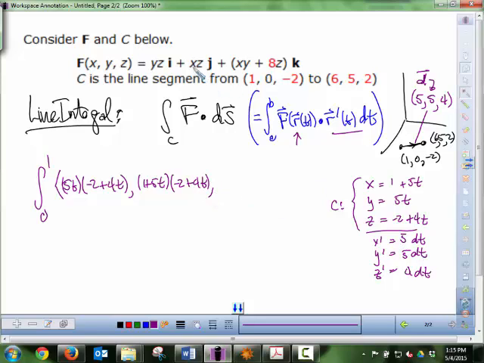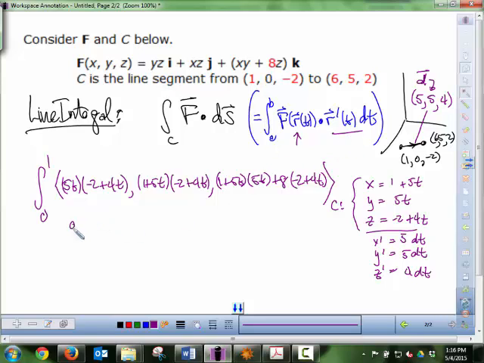And then the last component is xy plus 8z. So xy is 1 plus 5t, y is 5t, plus 8 times z, negative 2, plus 4t. So those are your components for your vector field.